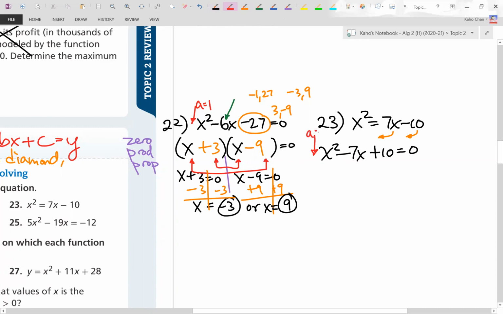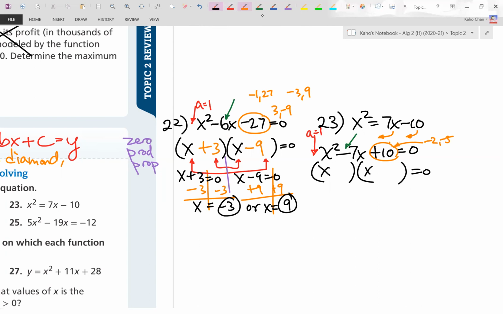I'm going to guess and check here. What factors of positive 10 when added together will give me negative 7? I'm thinking 2 and 5? Yes. But they both have to be negative, though, in order for that to work out. Negative 2 and negative 5.